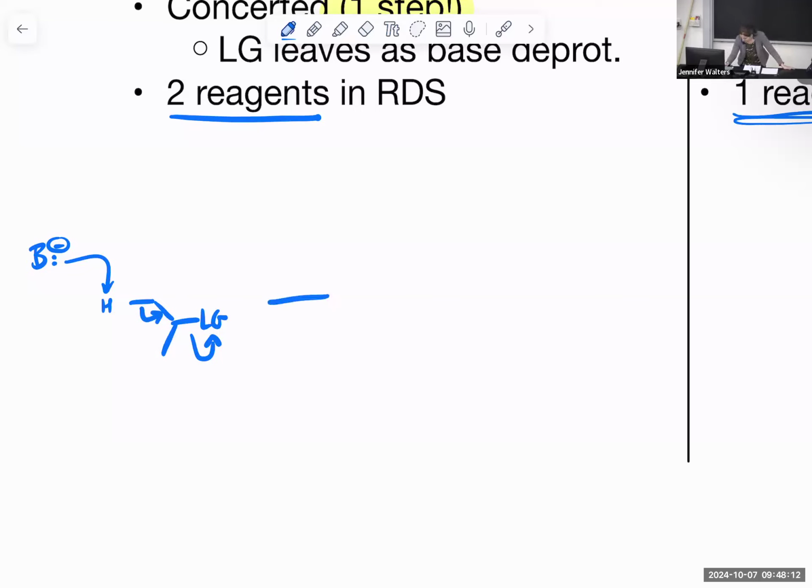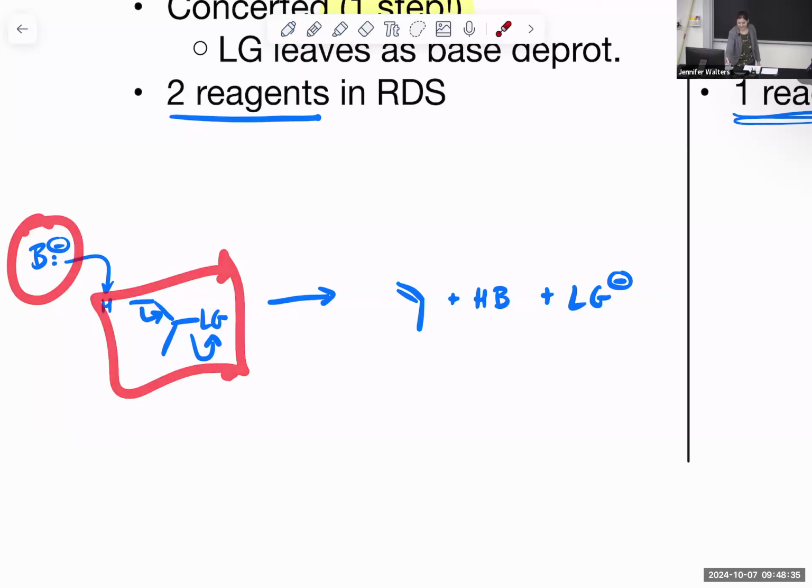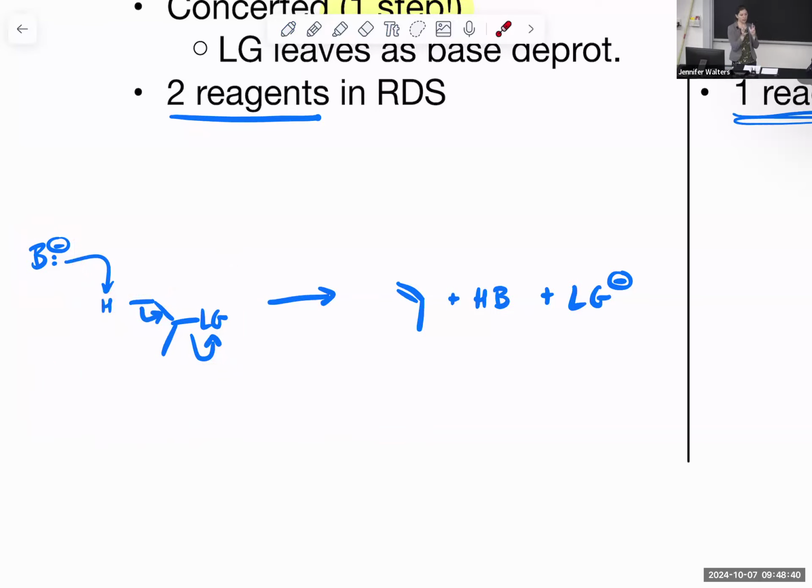So this is concerted, so it's all one step, where I now see that alkene product, that protonated base, and the leaving group left. That is my E2. E2, one step. Because both my base and my substrate are connected. They're reacting together all in one step. There are 2 things in the one step. So E2 for the 2 molecules reacting together.